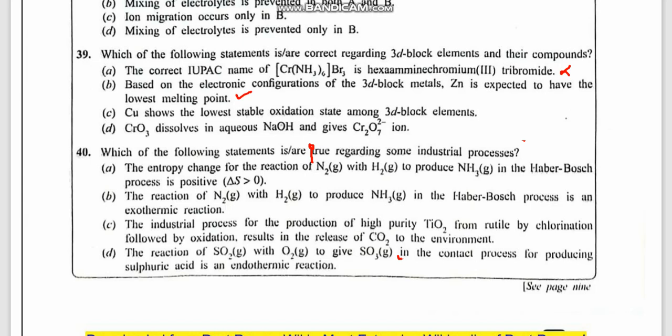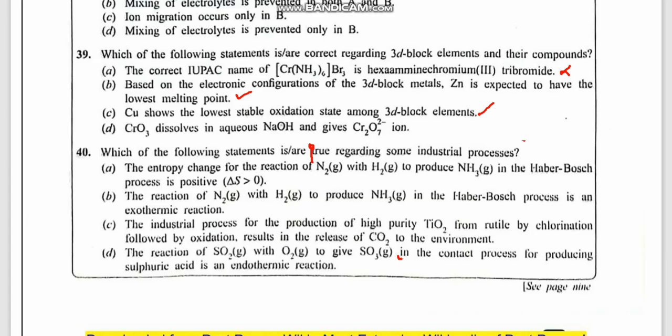They can show variable oxidation states. The lowest one is +1, so the lowest stable oxidation state is shown by copper, which is +1. Any other d block element is not showing it, therefore it's correct.